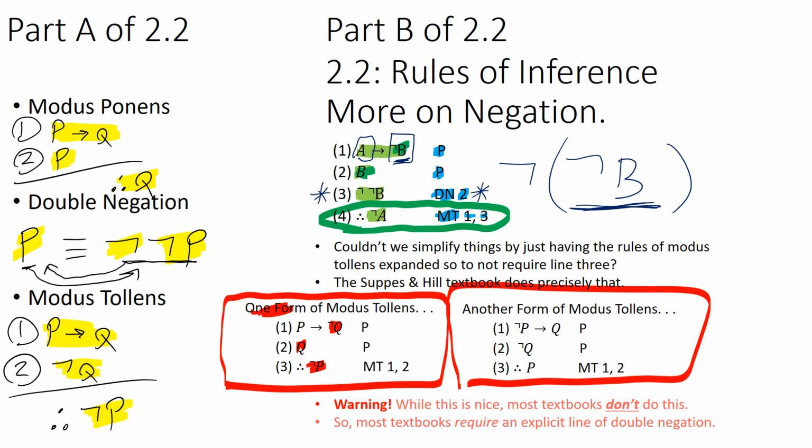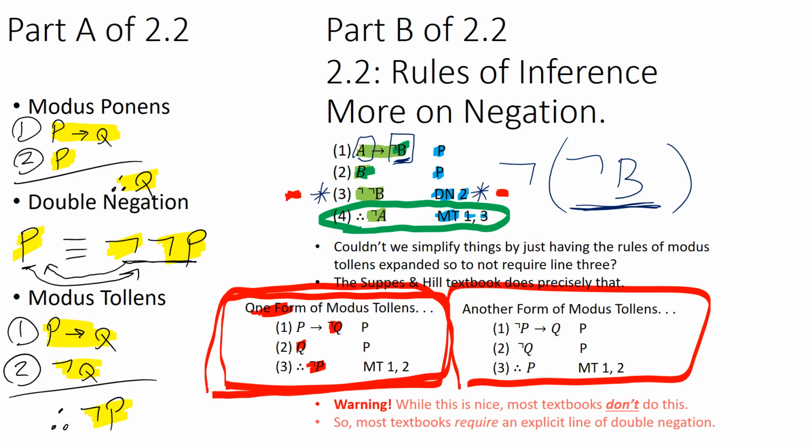So line 3 was not required. I suppose that's nice. Depends how you look at it. But most textbooks do not allow that. In fact, if you made this argument, I'm pretty sure most professors would mark you wrong. Most textbooks would mark you wrong.